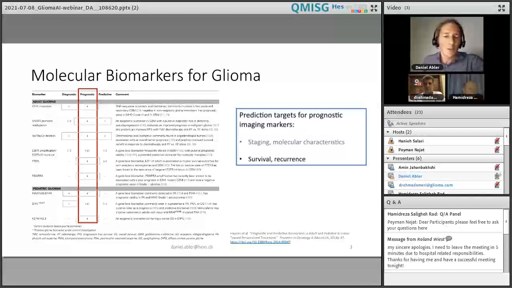To limit this a little bit further, I would like to focus on image-based modeling that looks at direct correlations between imaging features and survival or recurrence. So not at studies that try to predict, for example, another molecular biomarker, which would also be predictive in that sense.